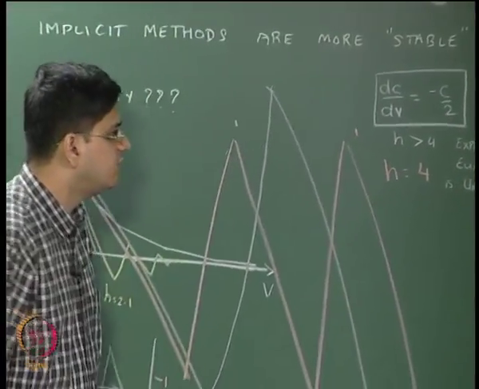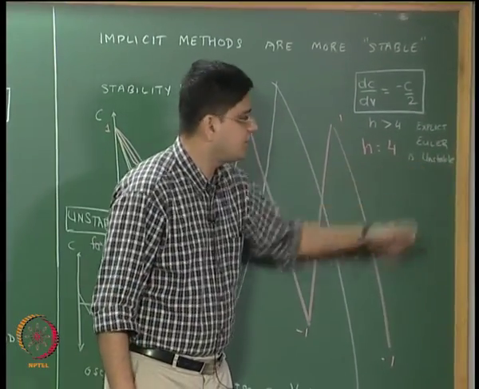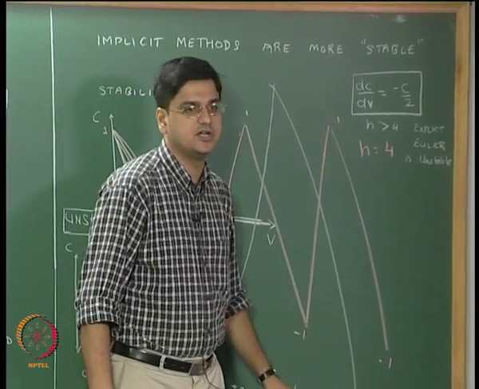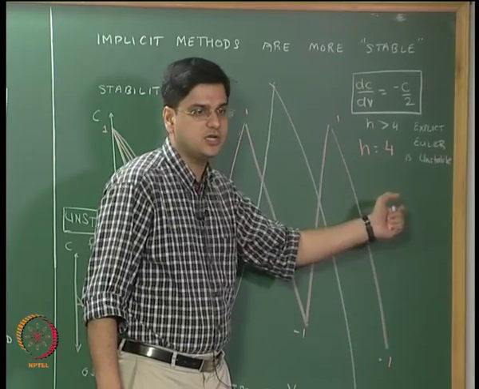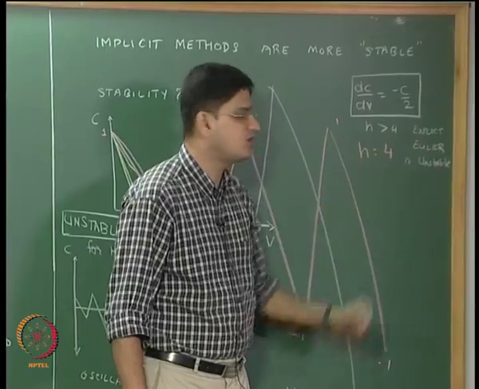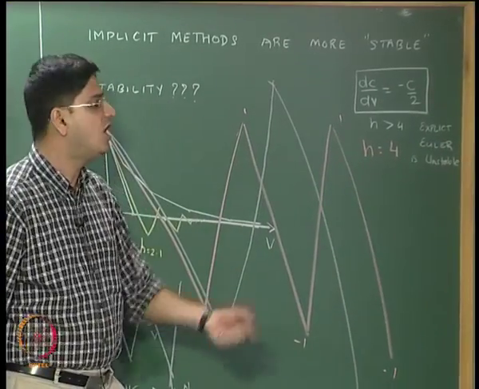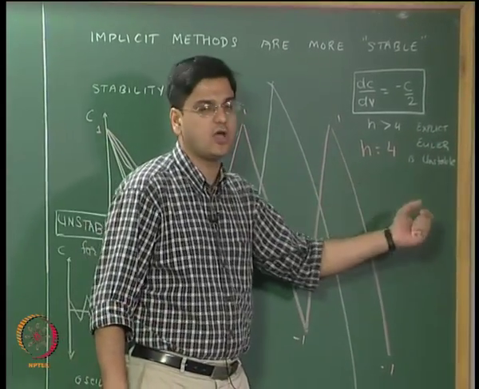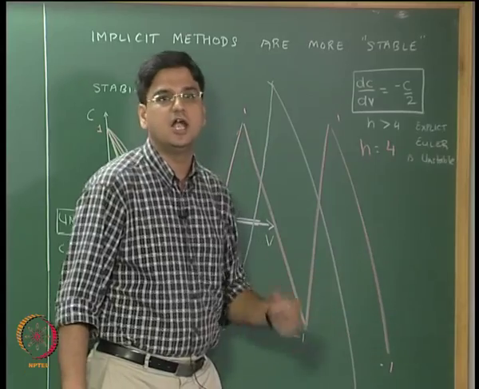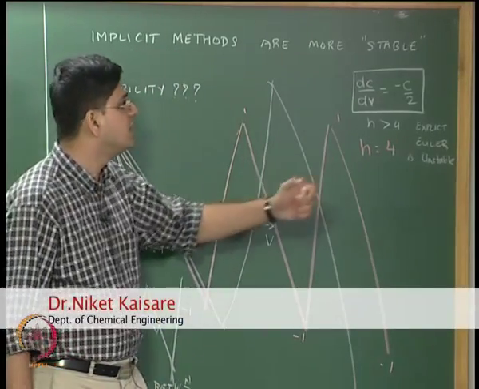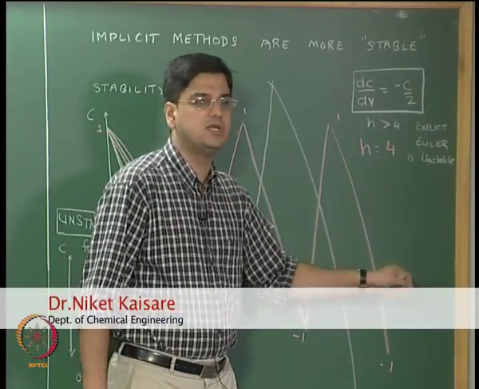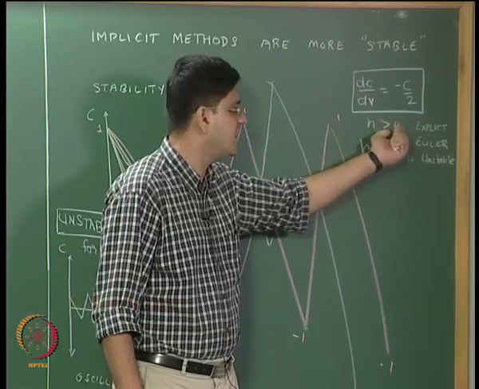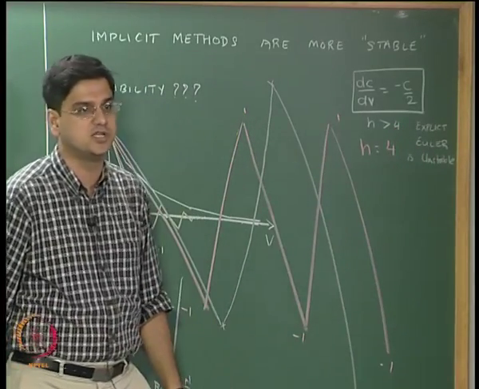Okay. And we will do some theoretical analysis of this particular condition to find out under what conditions the explicit Euler method becomes unstable, under what conditions implicit Euler methods become unstable. And what we will show is that implicit methods are globally stable, there is no limit on h for which this remains unstable.